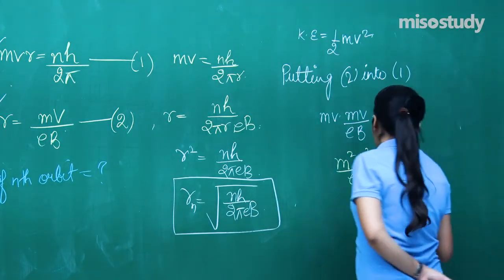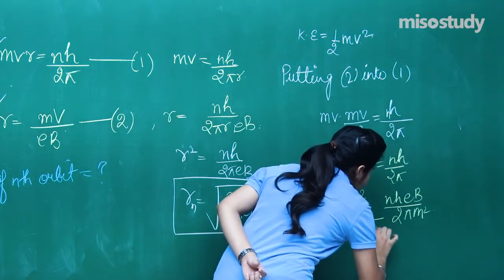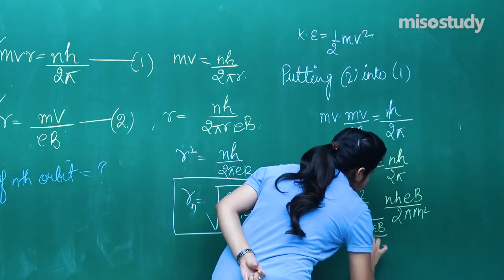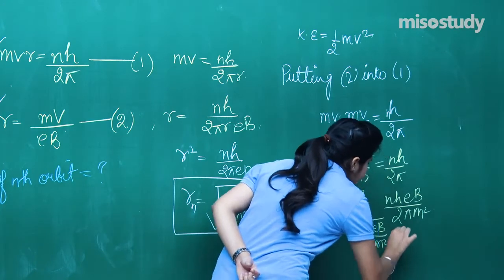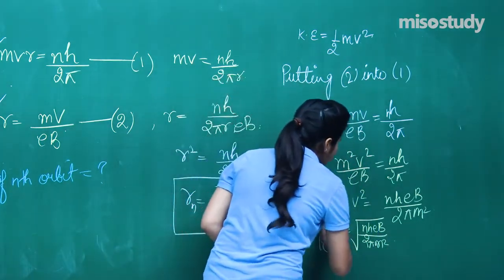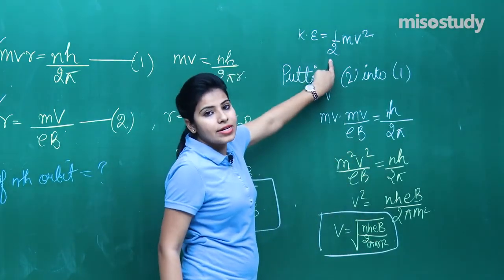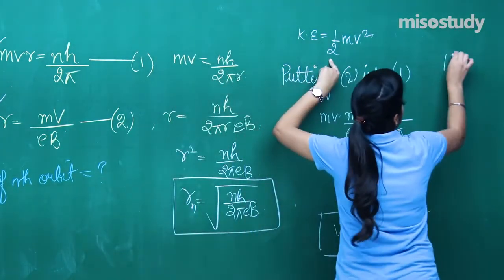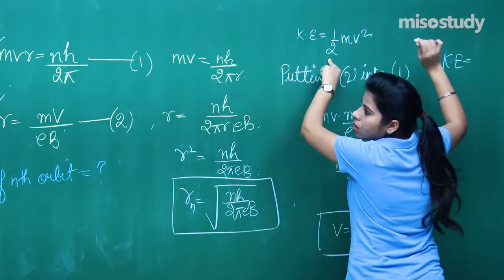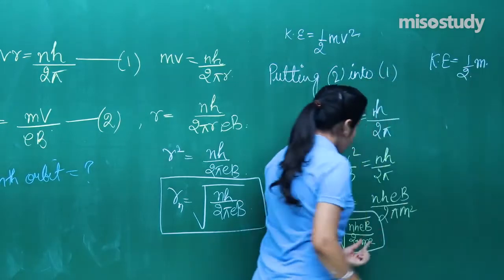That means your v has come out to be the square root of nh eB upon 2 pi m squared. Right? You have your velocity before you as this. Now because we have to find the kinetic energy, this will be half m into v squared.